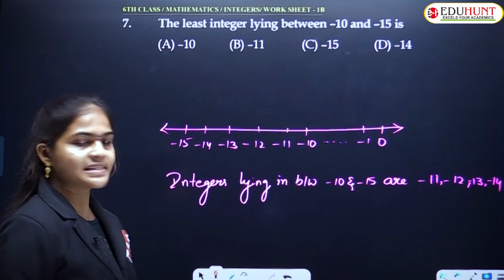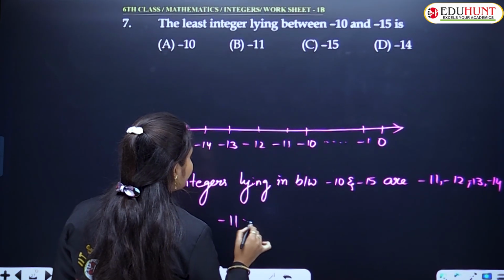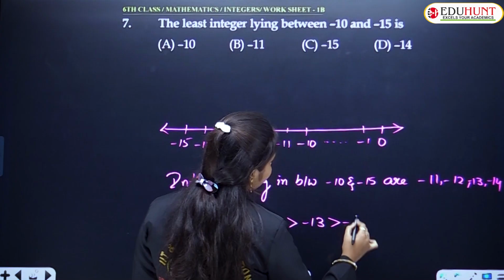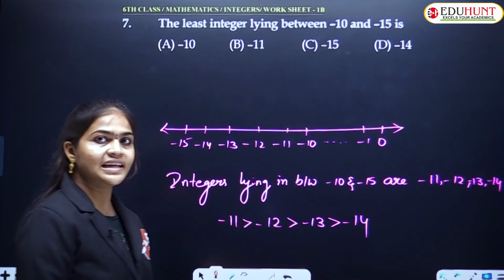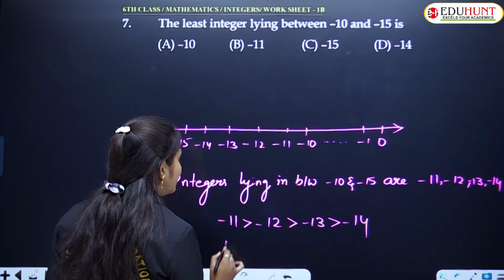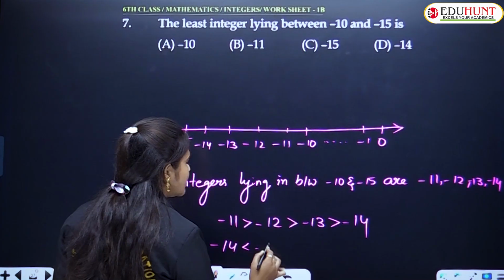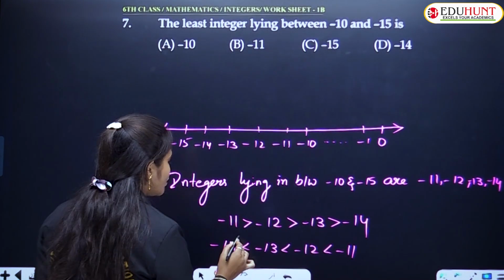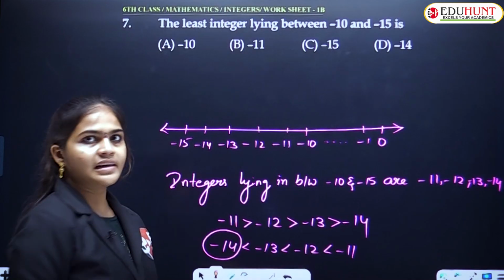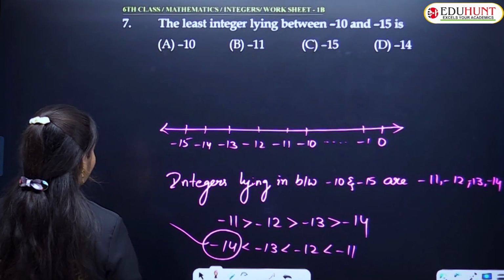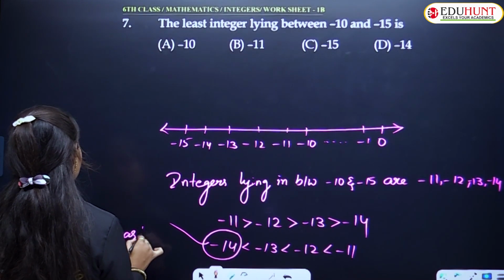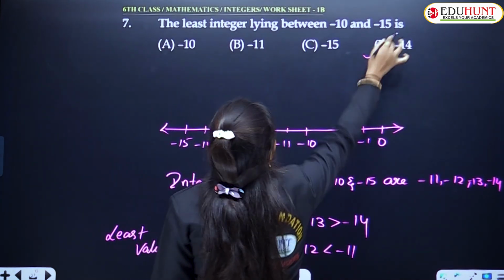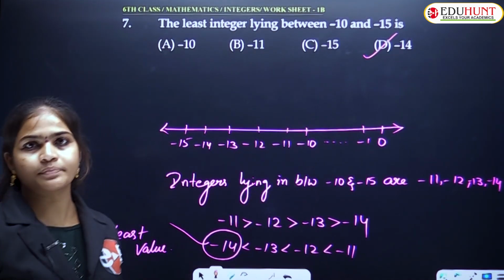So when you compare these numbers, minus 11 is greater than minus 12, which is greater than minus 13, which is greater than minus 14. So what is the least number here? Minus 14 only is the least number, no? Minus 14 is less than minus 13, less than minus 12, less than minus 11. So the least number here is minus 14. This is the least value. Understand? So minus 14 is the correct answer.